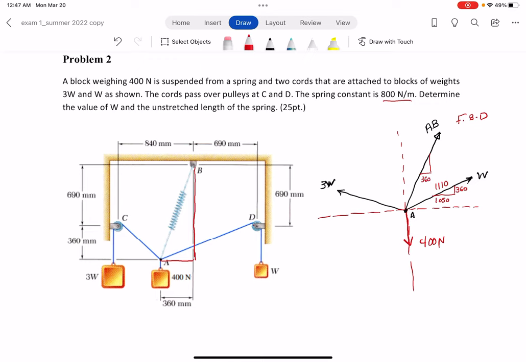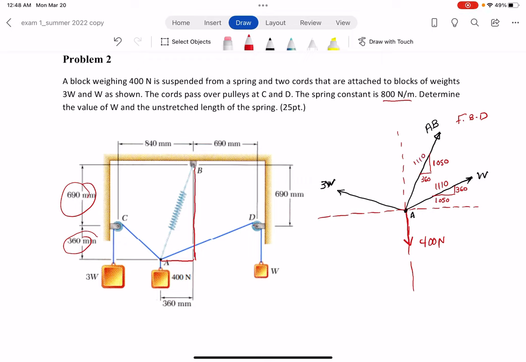What's the y-axis slope? You can see it's going from 360 to 690, the same thing as the other one. So this side will be 1110.